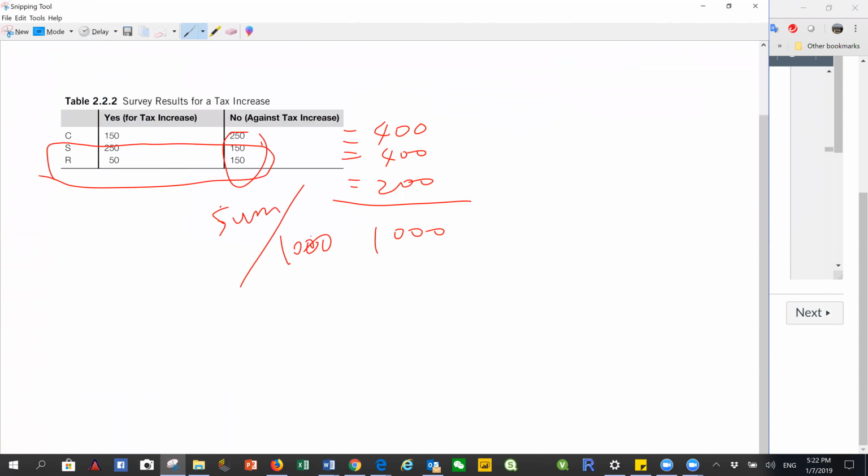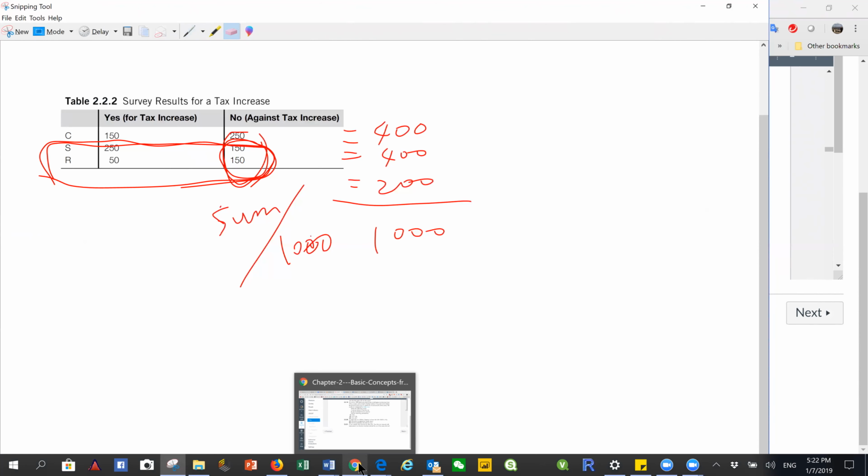Sorry, they are from here and they are against. So the probability, this should be "and". So this area, all right. That means you take the sum of it and divide by the total number. That's the probability. So on and so forth. Okay, I think that's good enough for this question.